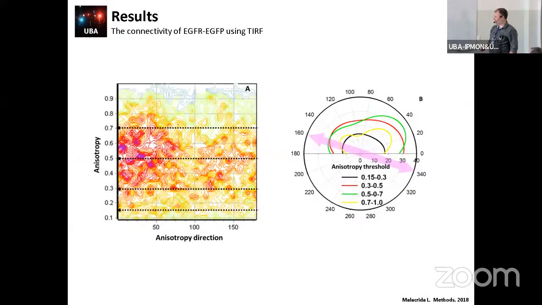And we analyze this by comparing the different anisotropy levels, like very high, which means there is only one direction, and also lower anisotropy, which means that you eventually do not have that preferential diffusion. And we did analysis to compare with the long axis of the cell to try to identify this, and this is possible.